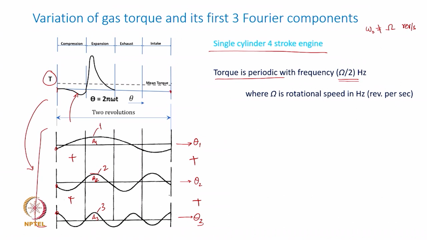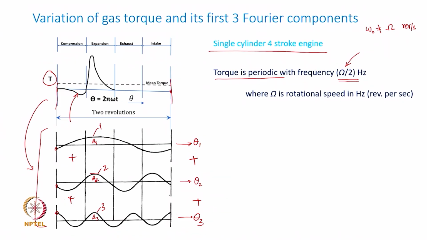So, this repetition period is now going to be representing a frequency of rho by 2. The torque in this case is periodic with frequency rho by 2. It has double the period than the period of one rotation, and therefore, the frequency will be half because they are inversely related.